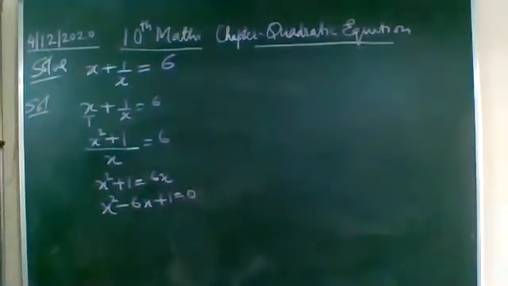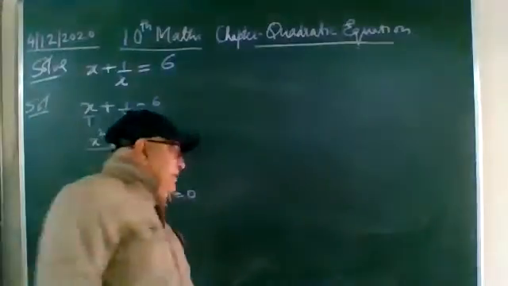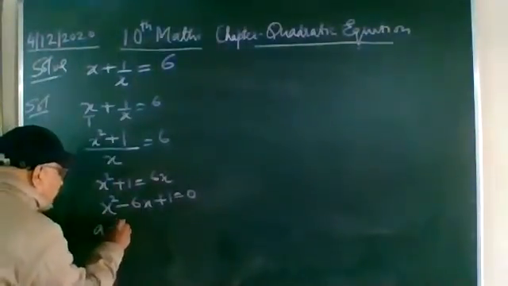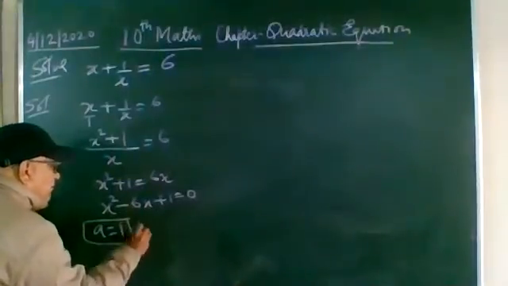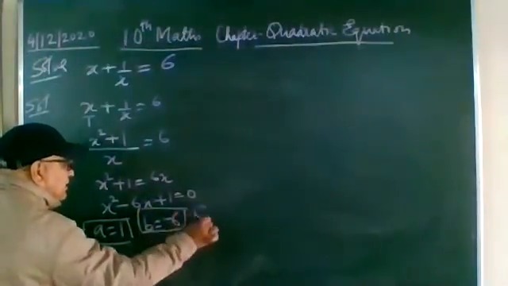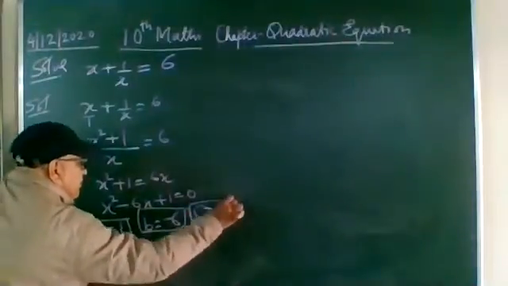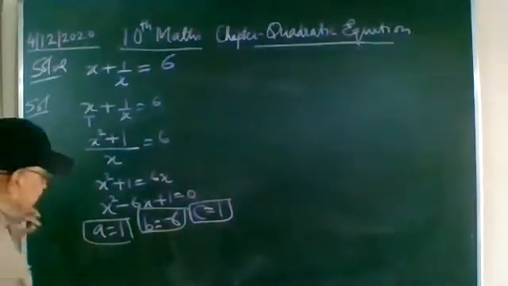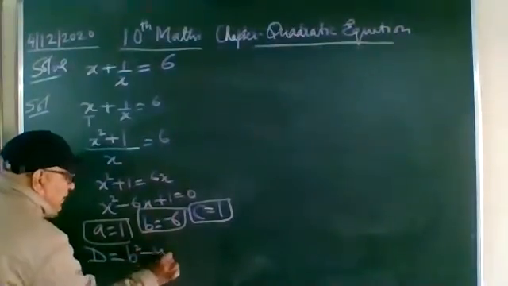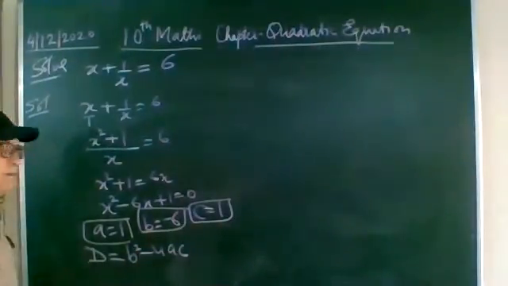Now, here factorization is not possible. If factorization is not possible, find out the value of a, b, c and d. Here a is 1, b is minus 6 and c is 1. After that, you find out d, which is b square minus 4ac.